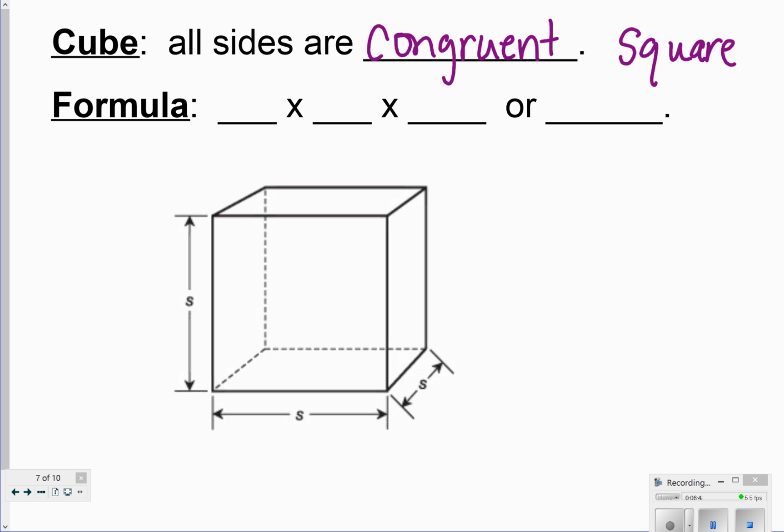Our formula: we have a side going from left to right, and a side going from front to back, so our formula would be side times side times side, or simply s cubed, s to the third power, since we're multiplying it 3 times by itself.